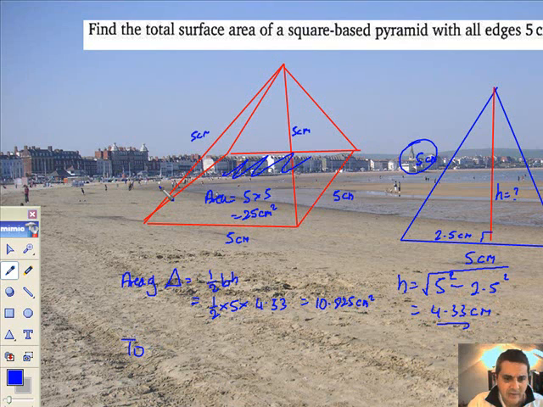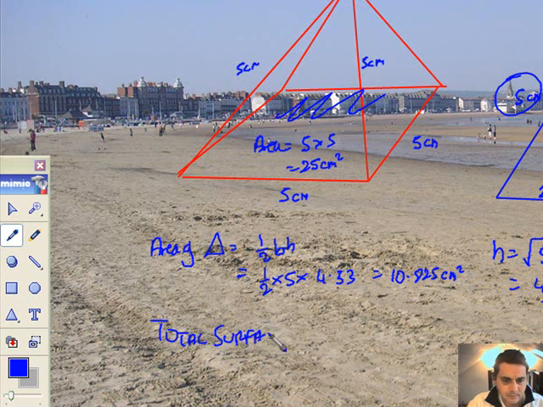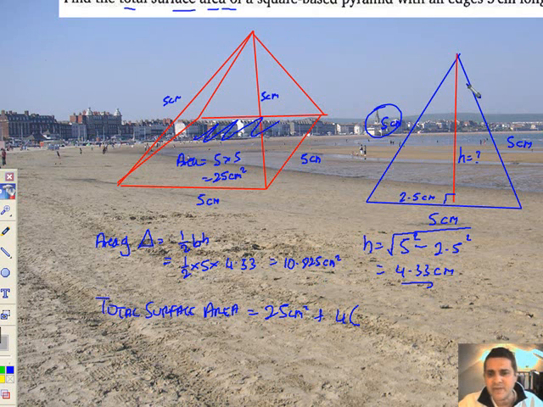And now the total area, in other words, the total surface area of the square base pyramid, is going to be 25 centimetres squared from the base plus 4 lots of this 10.825, because remember each triangle has an area of 10.825 centimetres squared.